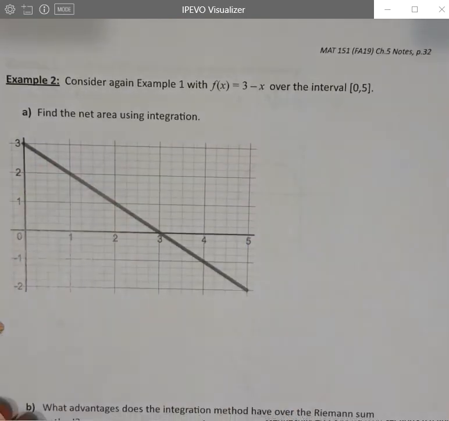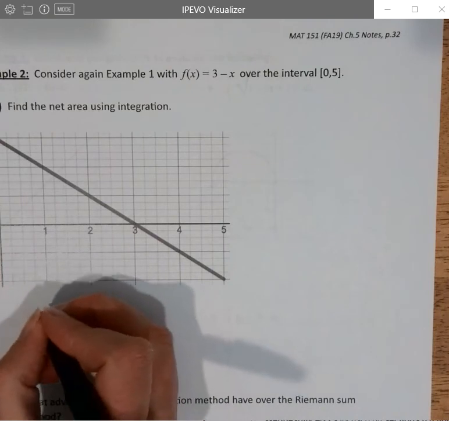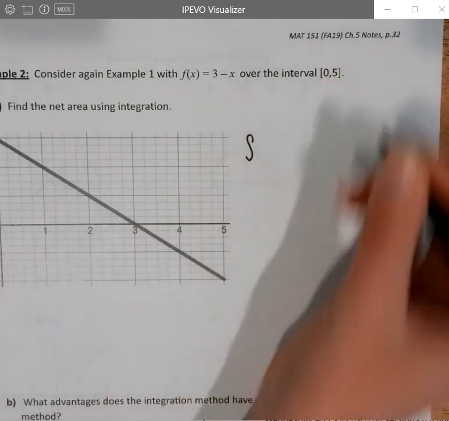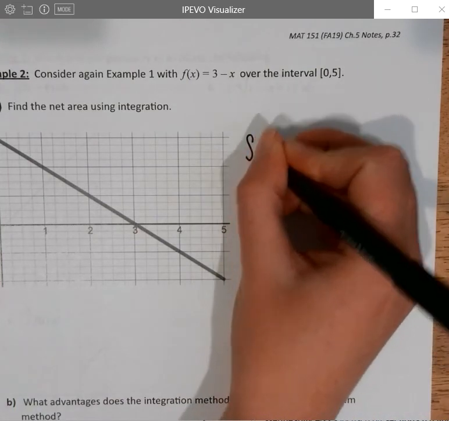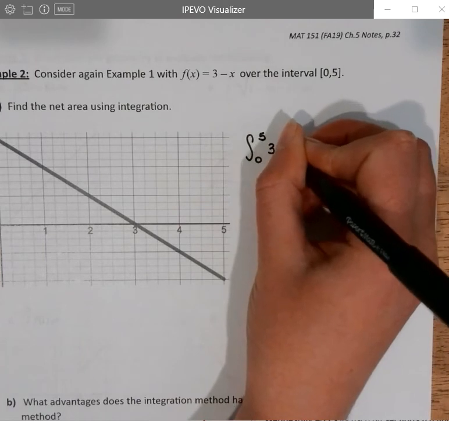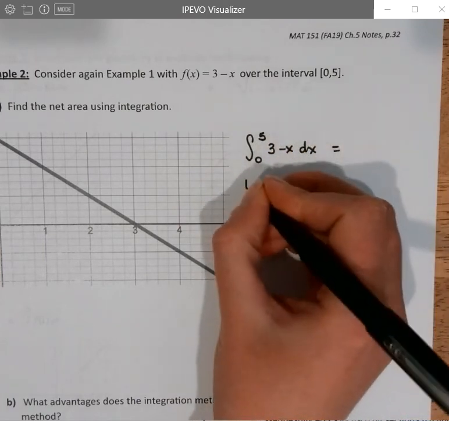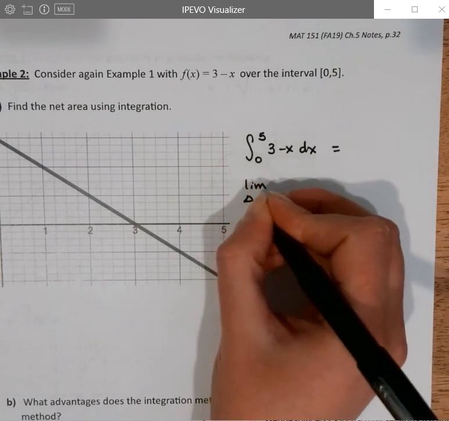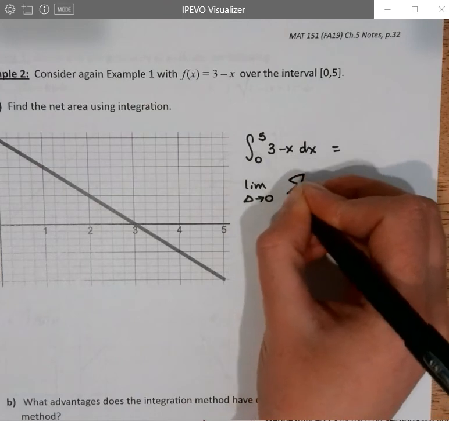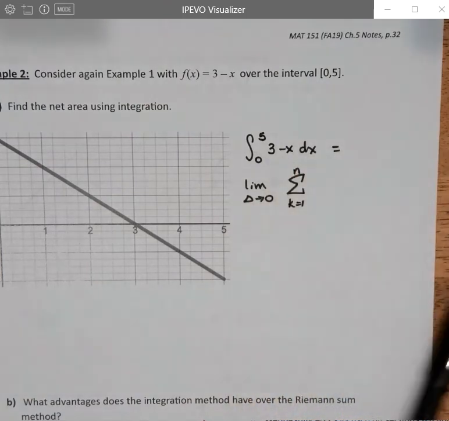We're going to start with the notation from the previous page that says that the integral between the lower bound and the upper bound, so 0 to 5, of the function 3 minus x dx should be equal to the limit as delta x gets closer to 0 of the sum from k equals 1 to n of delta x.